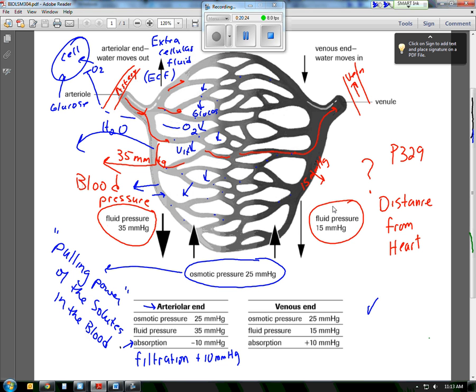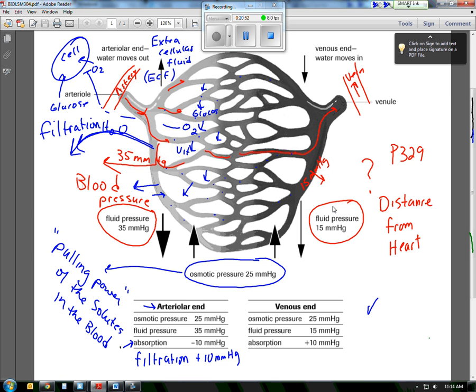Well, when things leave, so here's water leaving right here, when things leave the blood vessels, that's called filtration. And in a minute, we'll talk about absorption, but absorption is when things come back into the blood vessels. So we have a filtration of plus 10 millimeters of mercury here.